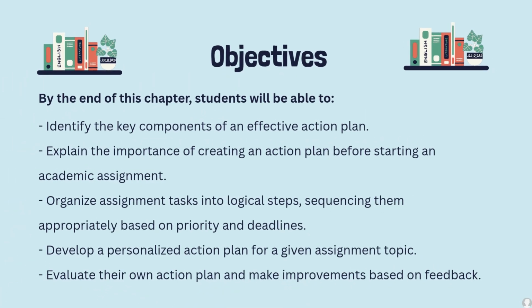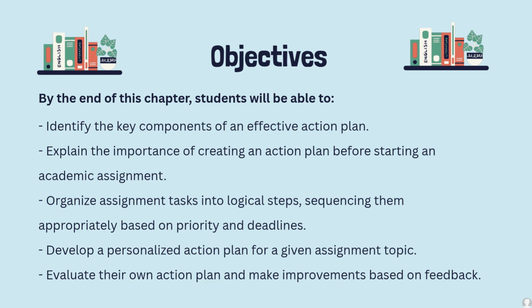Let's start with objectives. By the end of this chapter, students will be able to: 1. Identify the key components of an effective action plan. 2. Explain the importance of creating an action plan before starting an academic assignment. 3.